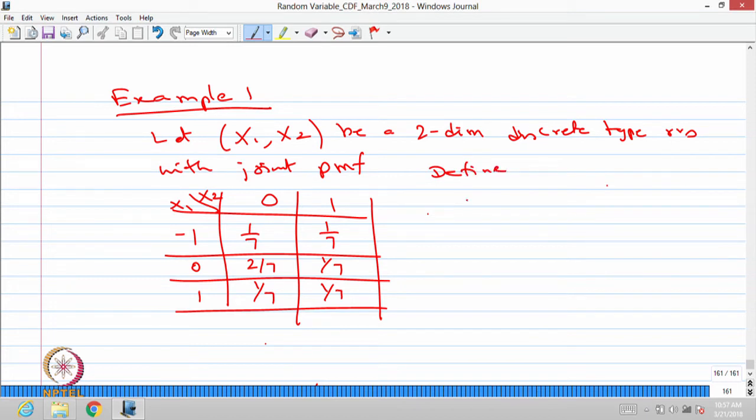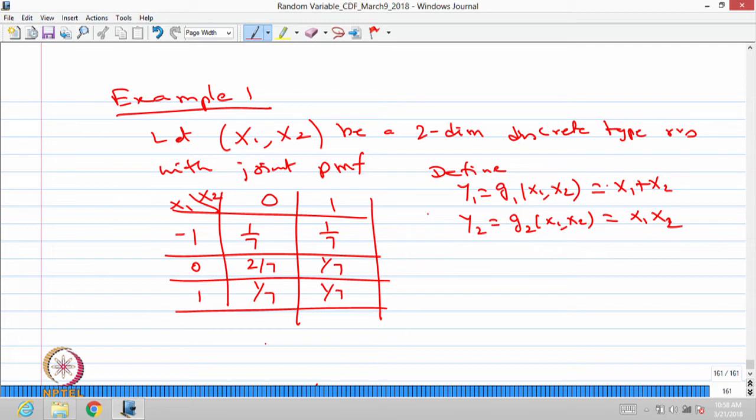Now we are going to define new random variables: y1 as g1 of x1 comma x2, that is x1 plus x2. We define a second random variable as g2 of x1 comma x2, that is the product x1 x2.